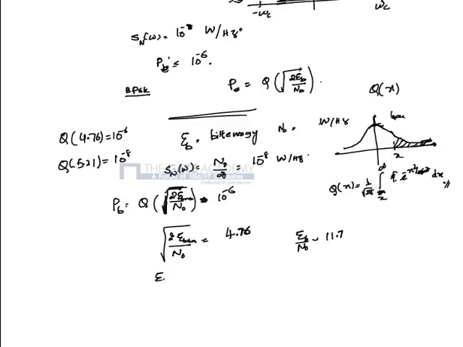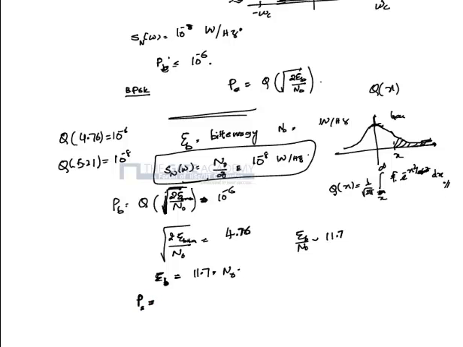From this we can compute the bit energy necessary to transmit a single pulse, which is equal to 11.7 into N0, and we found our N0 to be 2 into 10 power minus 8 from this expression. If we know the bit energy, the question is the necessary signal power.